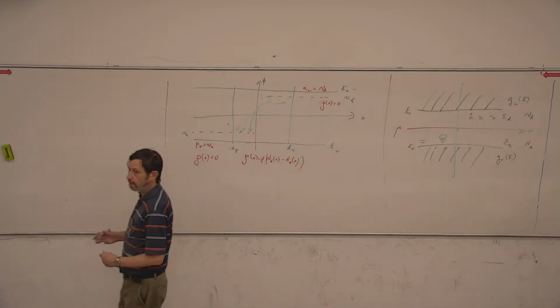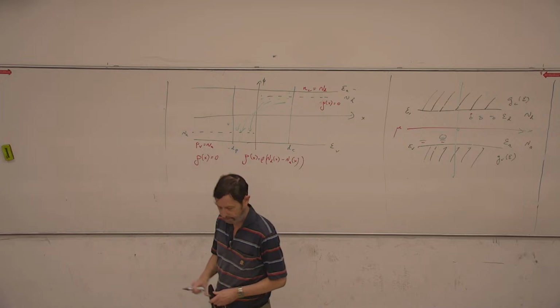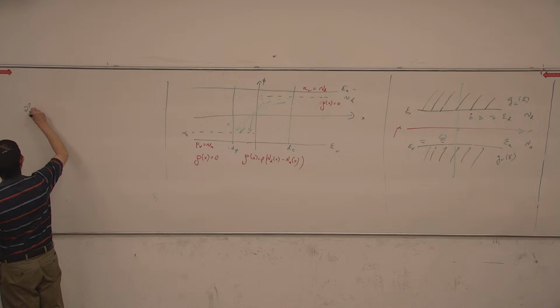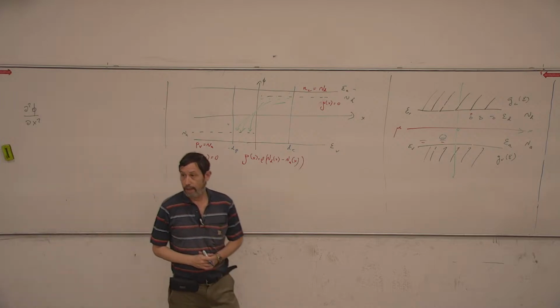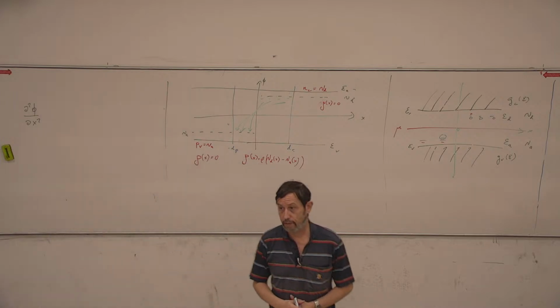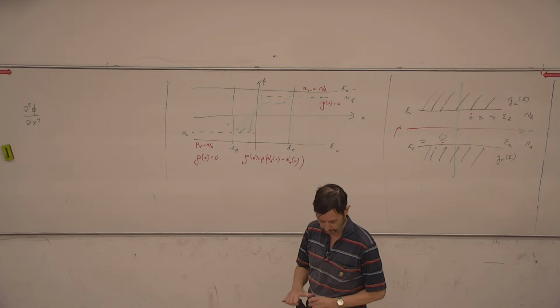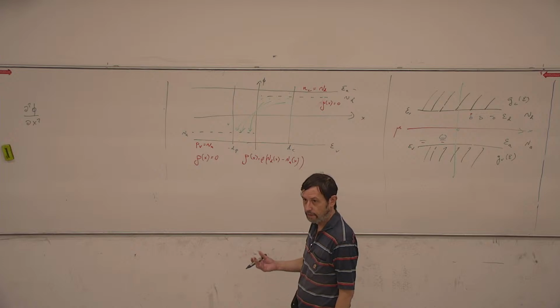Okay? What does the Poisson equation tell us? On the left hand, we have the double derivative of phi. And on the right hand, we have the charge.